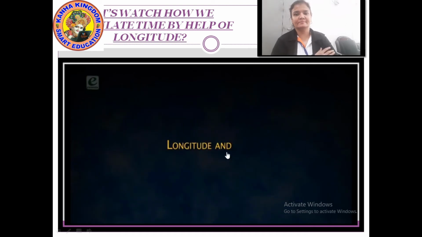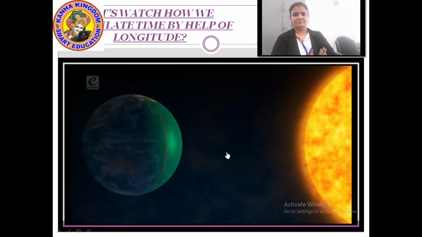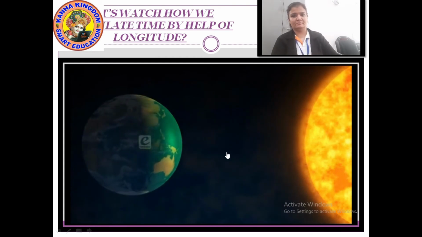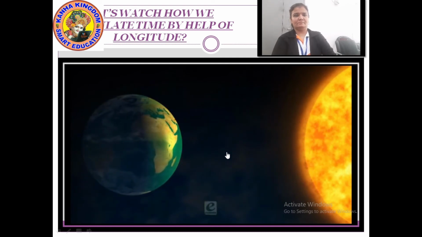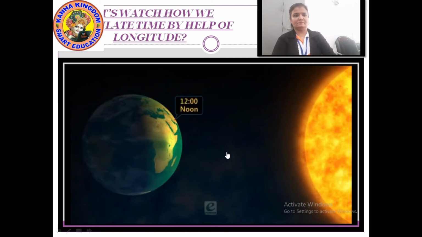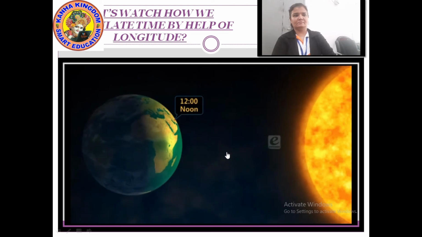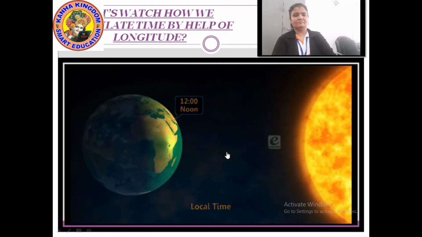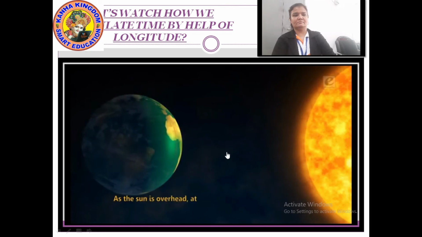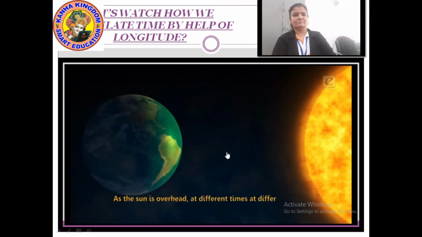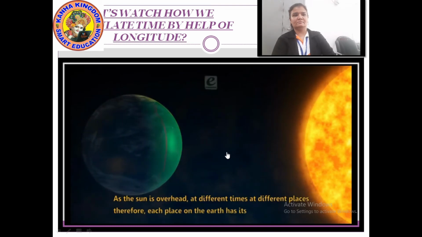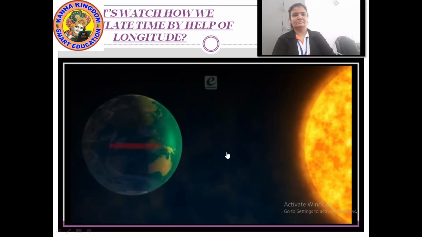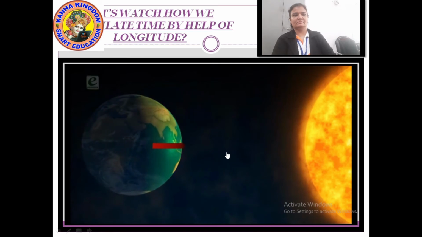Longitude and time. Time is measured on the basis of the overhead sun. When the sun is overhead at a place, it is 12 noon. This time is called the local time. As the sun is overhead at different times at different places, therefore each place on the earth has its own local time. The earth completes one rotation in 24 hours.